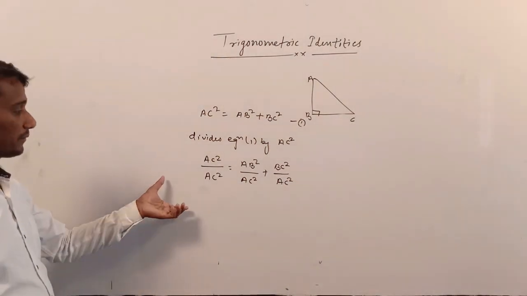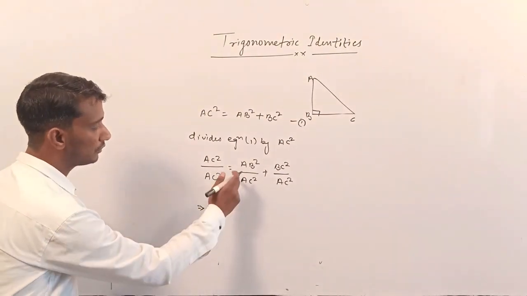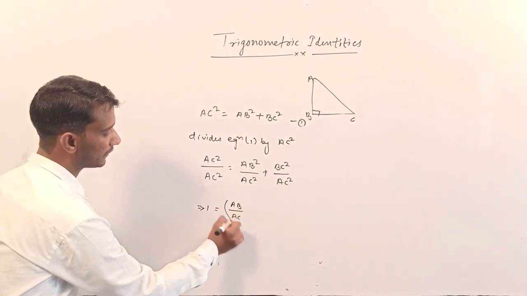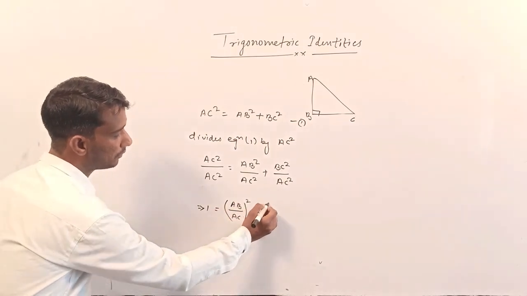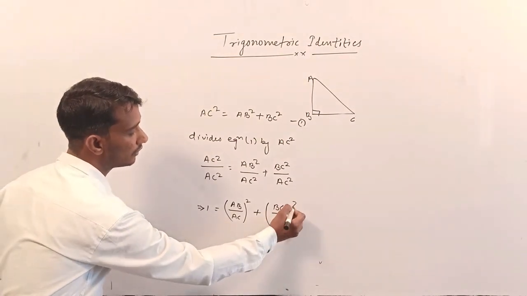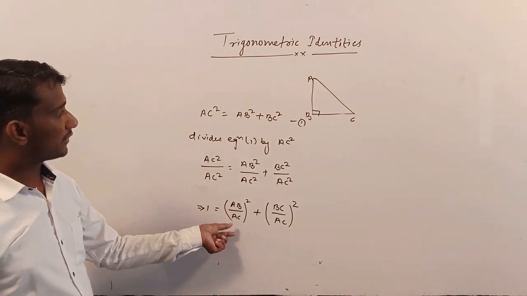After simplifying, we get 1 equals (AB upon AC) whole square plus (BC upon AC) whole square. Now check it.